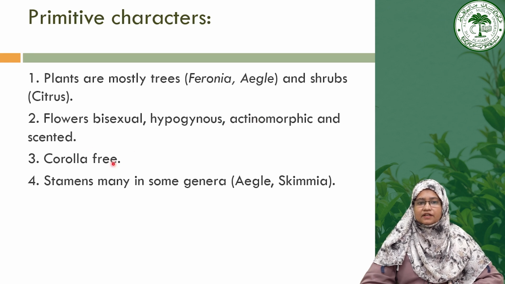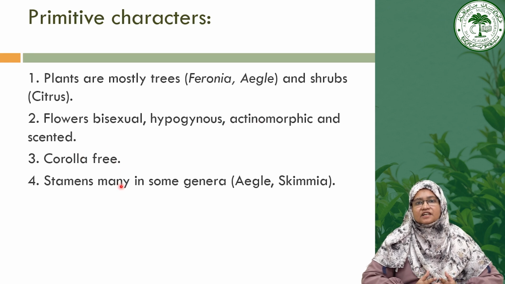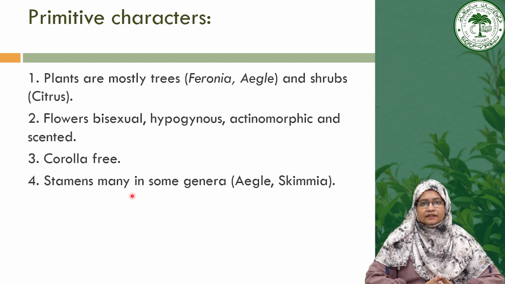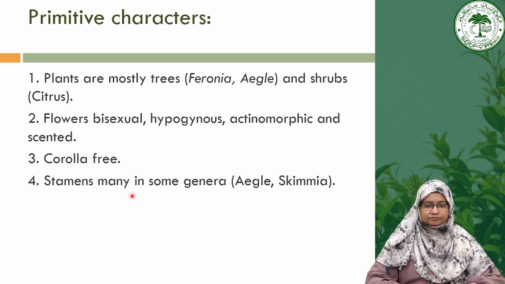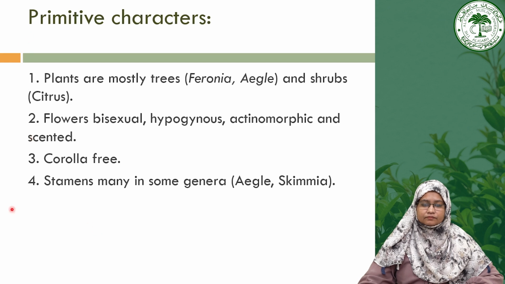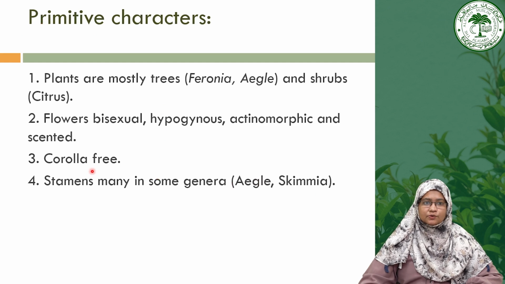The corollas are free, and the stamen numbers in many genera are very high or indefinite, like in Aegle and Ichemia. So these are the primitive characteristics present in the family Rutaceae.